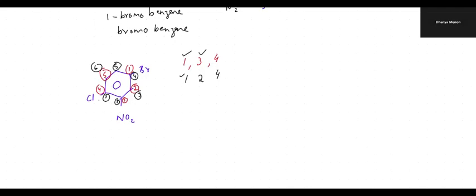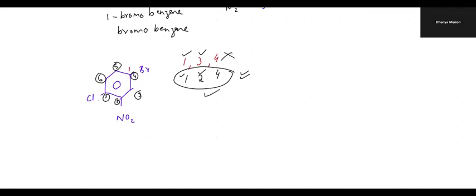So definitely we will go with the black numbering, because here the substituents are getting the least numbers. We will not follow the alphabetical order here. So the other numbering is wrong, and this is our correct option.